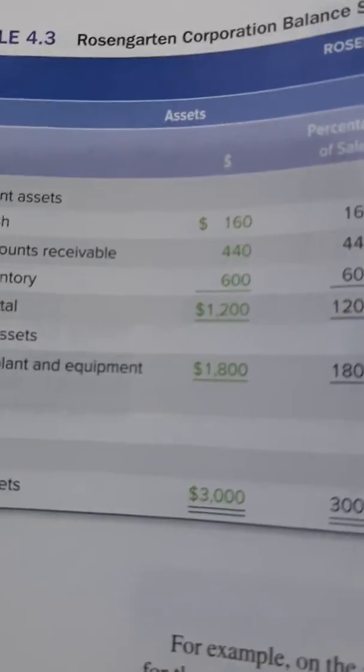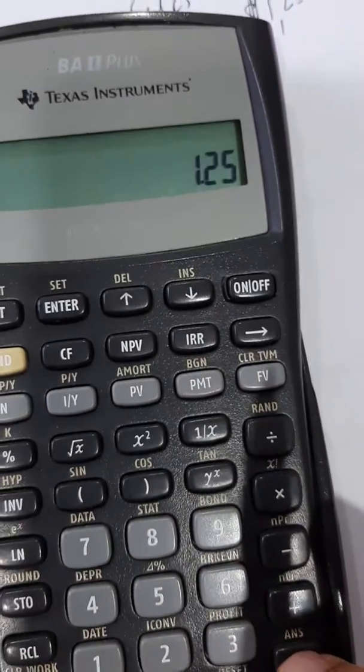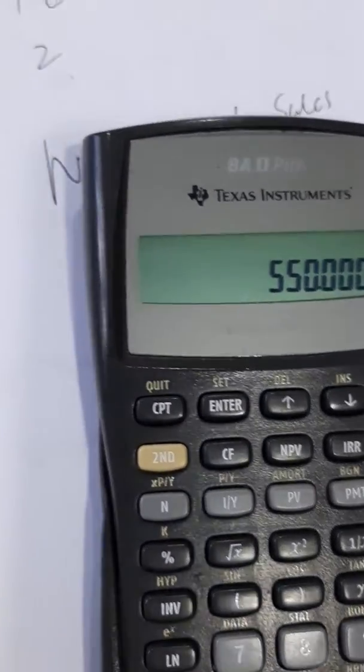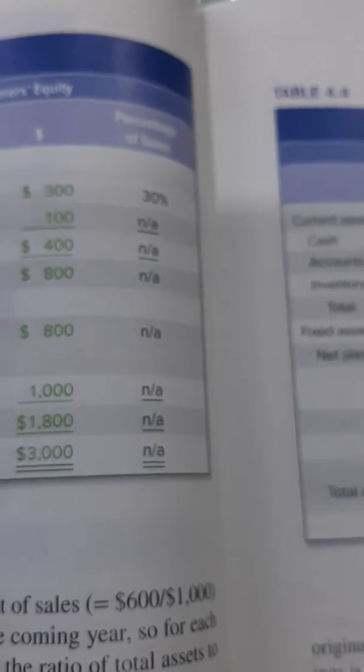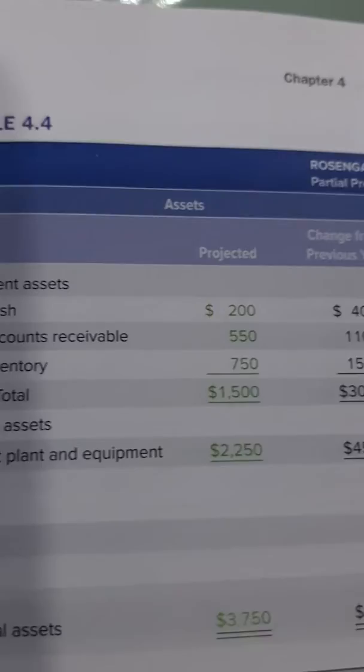Similarly, the same goes for accounts receivable. The current accounts receivable is 440, and it will also increase by 25%. So 440 multiplied by 1.25, the new accounts receivable is 550. You can also calculate the increase in inventory. Inventory will also increase by 25%, from 600 to 750.